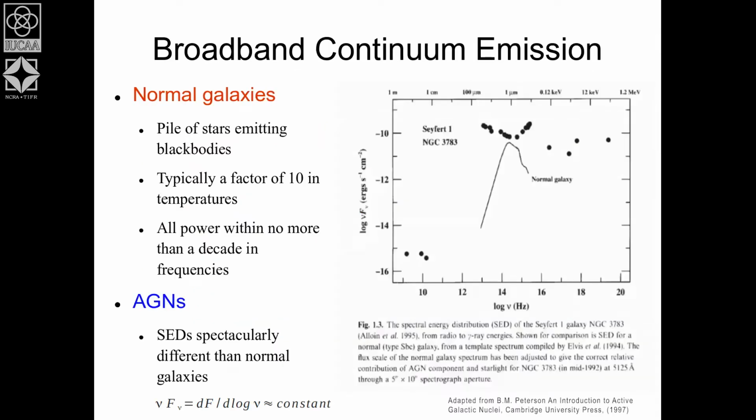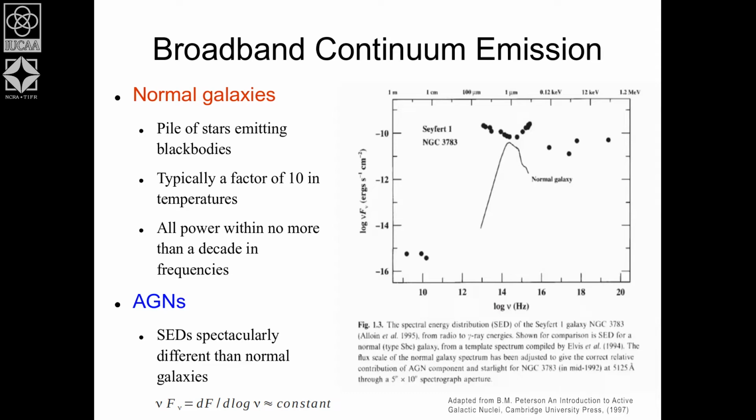Another very important characteristic of the AGN is this broadband continuum emission. Again, to make sense, we will need to compare with the broadband continuum emission from a normal galaxy. Let's look at the normal galaxies. The solid line shown here is essentially the spectral energy distribution of a normal galaxy like our own.